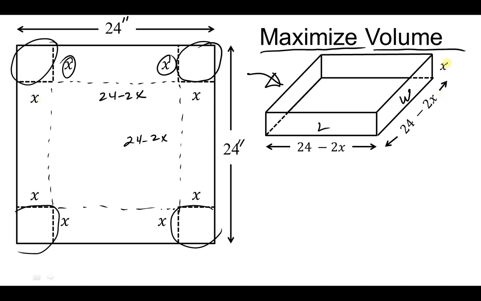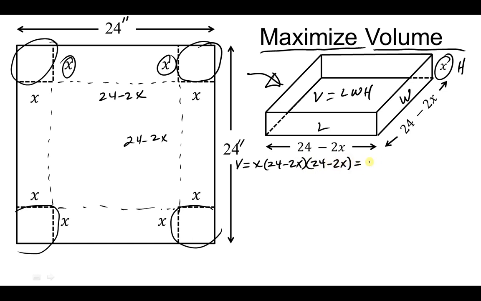And of course the height of the box will be h, and of course the volume is a length times a width times a height. So the volume that we're going to produce will be the height, which is x, times the width, which is 24 minus 2x, times the length, which is 24 minus 2x.